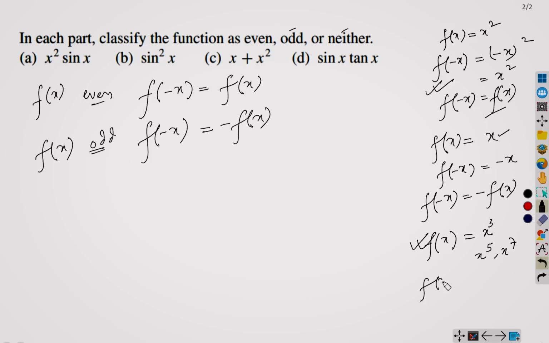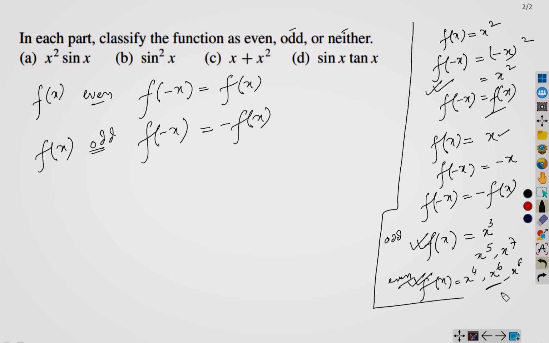And any function of this type, even power, x to the power 4, x to the power 6, 8, these are all even functions, okay? This is an odd function, this is an even function, okay? So you have to verify which one of these is either odd, even, or neither. A function can be even, odd, or neither.